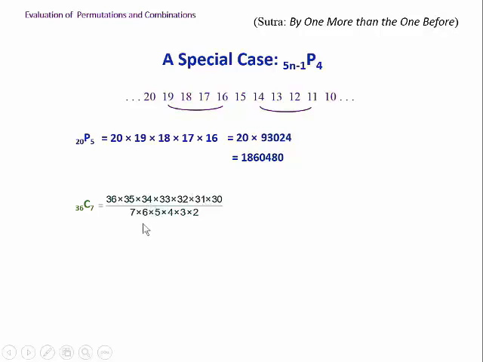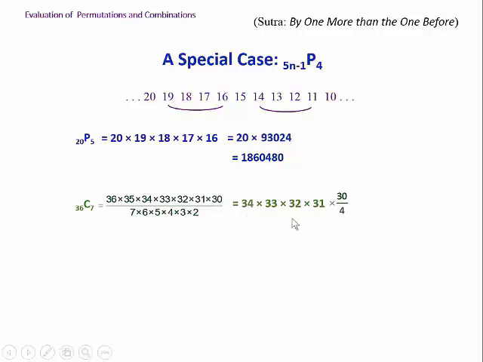So what we could do is take the 7 times the 5 to cancel with the 35, and the 6 times 3 times 2, which comes to 36, cancels with the 36, and the 4 is left. So what you get is the 34 times 33 times 32 times 31 times the 30, which is left there, and the 4, which is left there underneath.